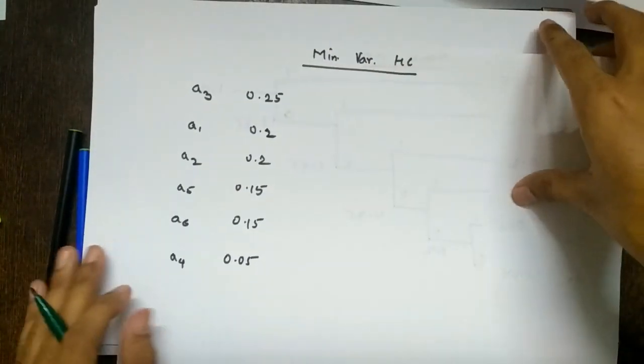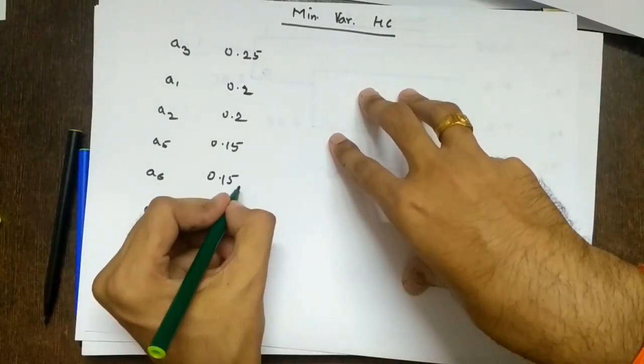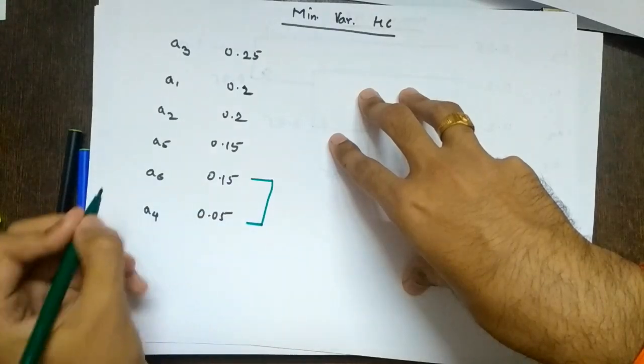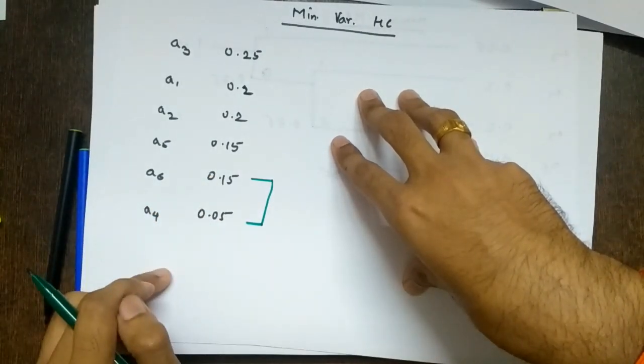So what is the difference in minimum variance Huffman coding? The first step is the same. We add this. Now what do we get? We get the addition as 0.2.